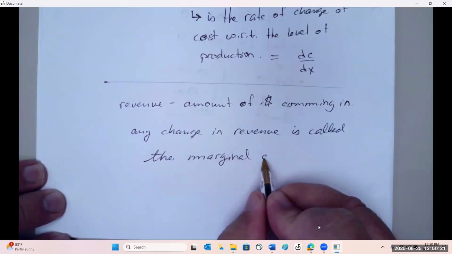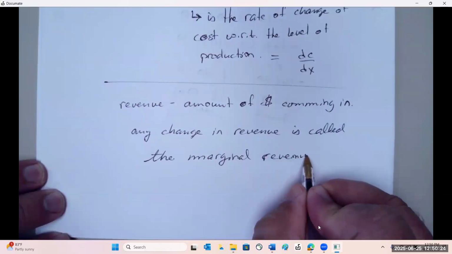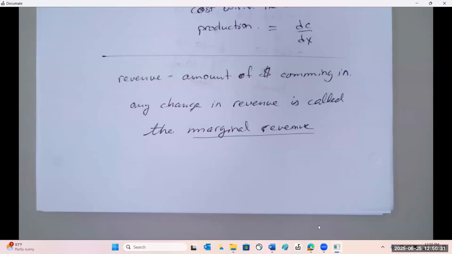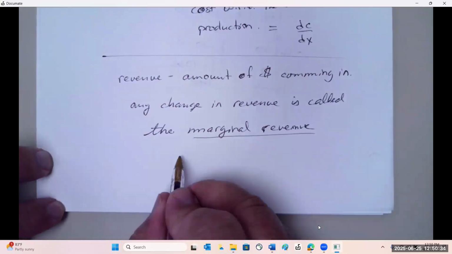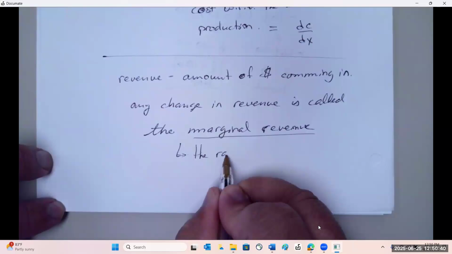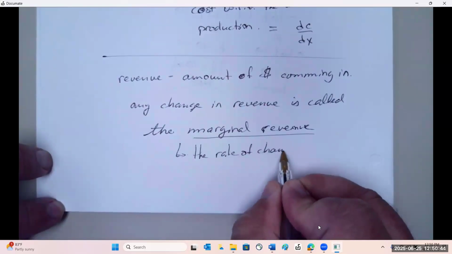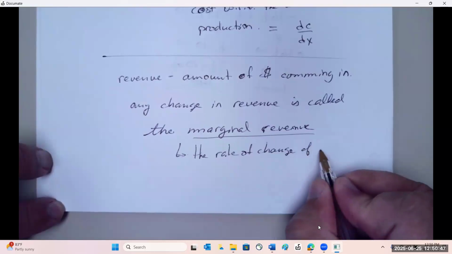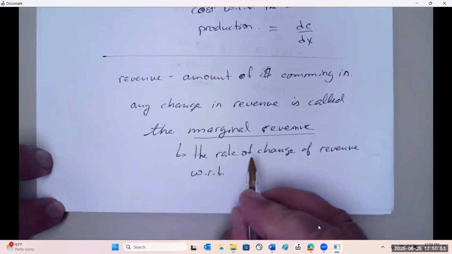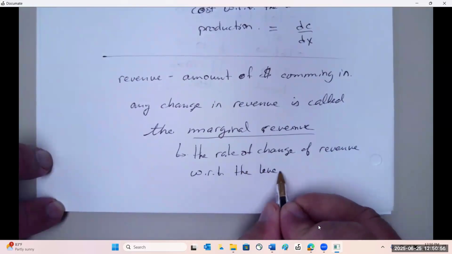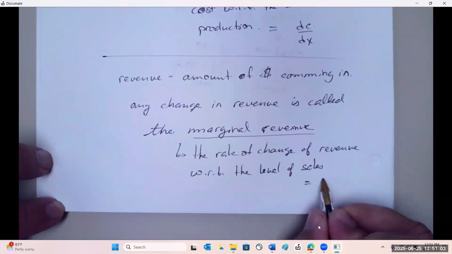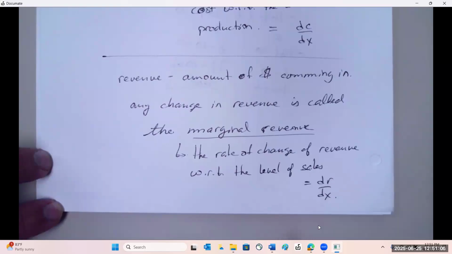The marginal revenue. The rate of change of revenue with respect to the level of sales. dr over dx.